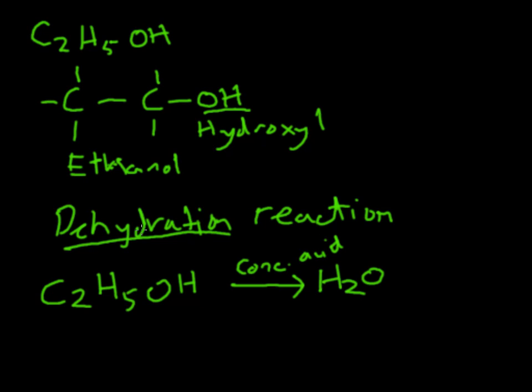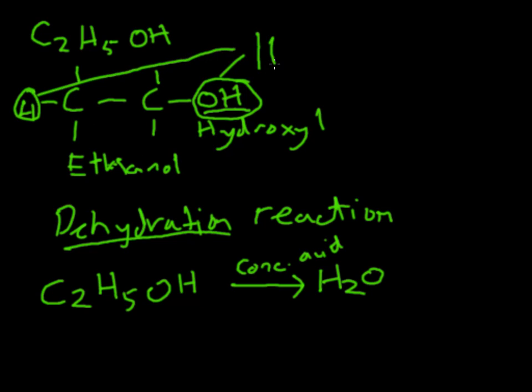And what's going to happen chemically, just in case you're interested, is this H over here, this OH, and this H, basically they come over here, form H2O. They come out, and what is left over is C2H4. Should be looking pretty familiar.